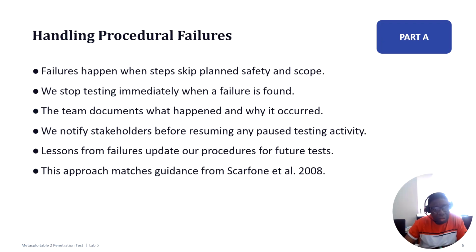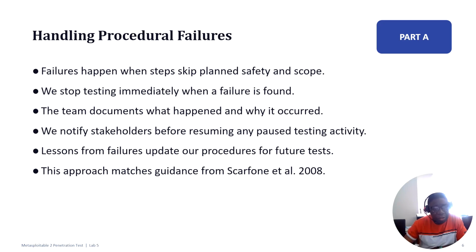Things don't always go according to plan, so let's talk about what happens when a procedure fails or a step gets skipped. My approach is to stop testing immediately the moment something goes outside scope or a failure occurs.